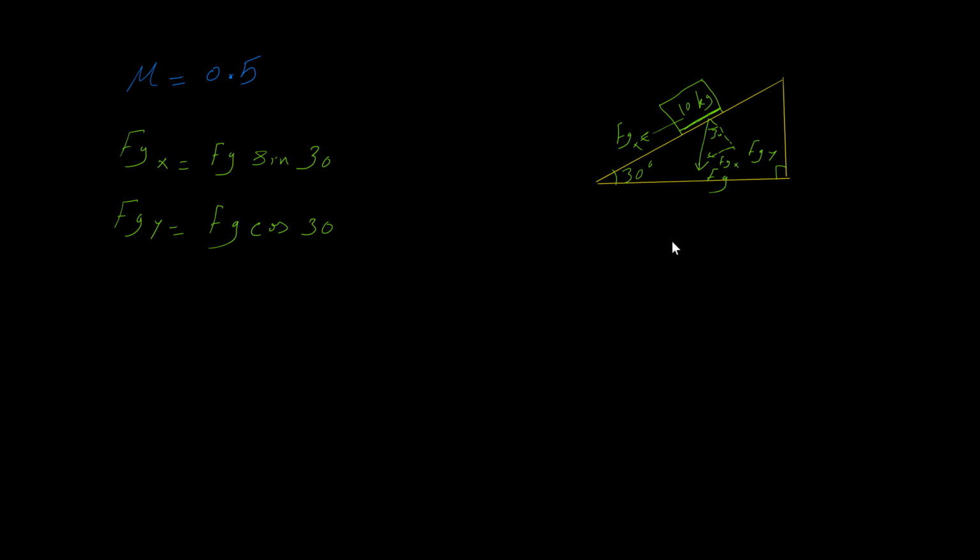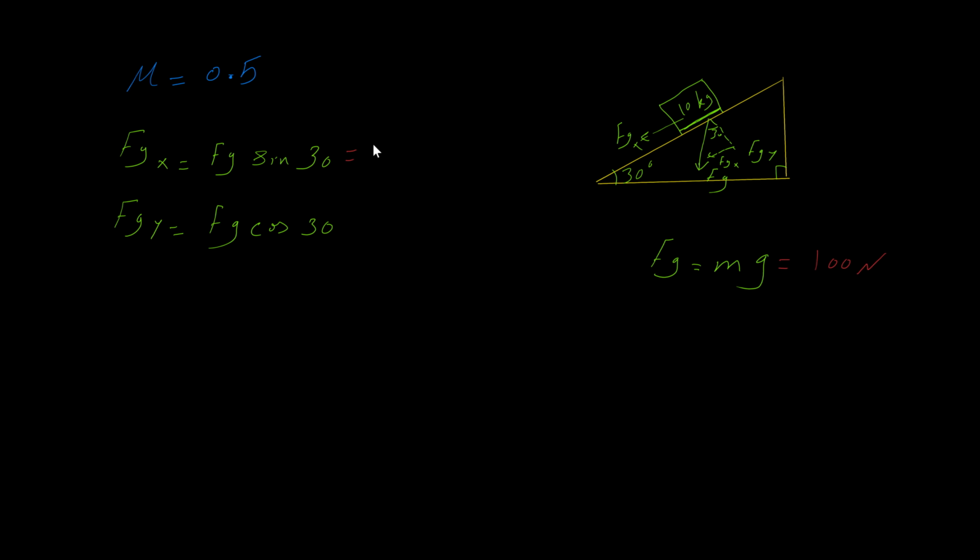Fg is equal to basically mass times gravity. Now we can plug in the values and solve for it. So mg is 10 times, we take gravity equal to 10 for easier calculation, so 10 multiplied by 10 is equal to 100 Newtons.